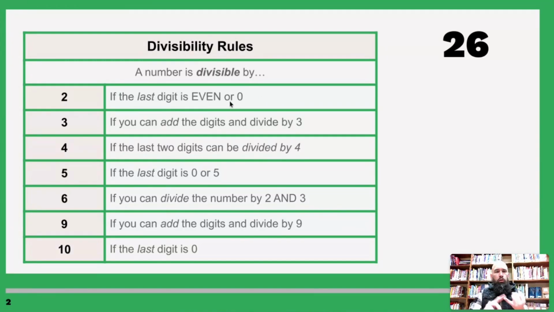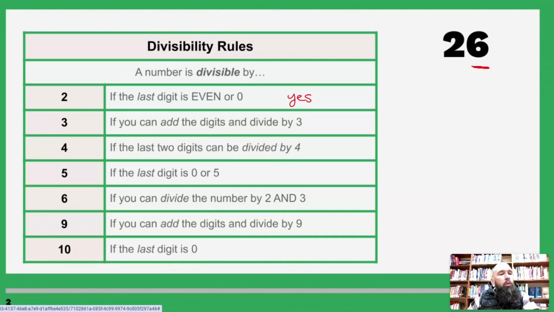What's even? 2, 4, 6, 8, 0. So if the last digit is even, you can divide this by 2. So, is 26 divisible by 2? That last digit is 6, and 6 is even. Yes, you can divide 26 by 2.